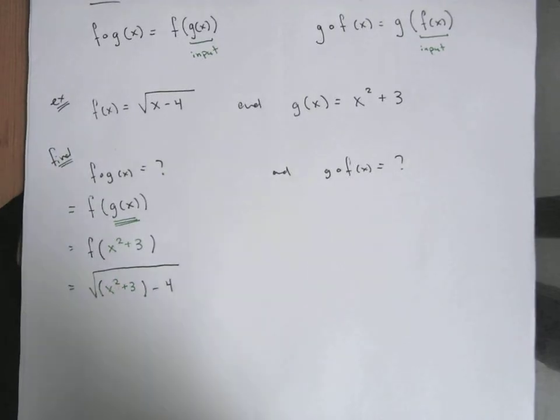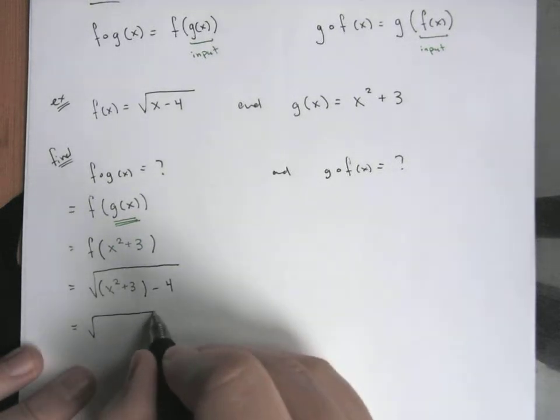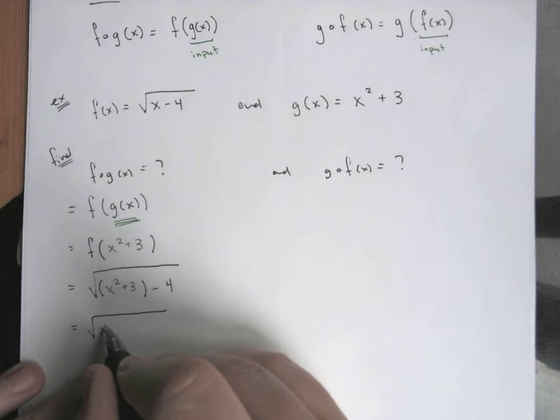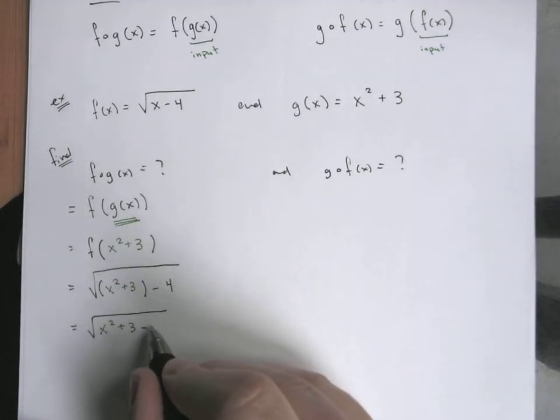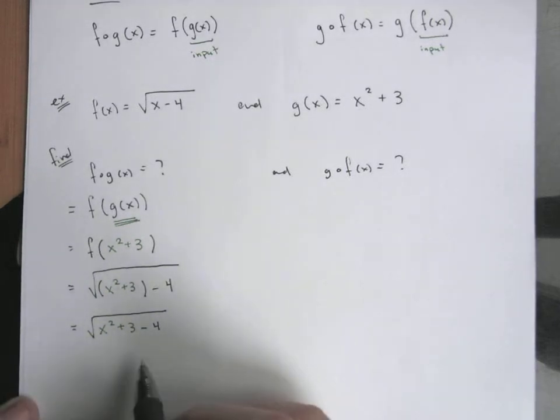Once we have that laid out, it's a matter of asking, can we simplify this? Can we clean it up? This is just x squared plus 3 and then a minus 4 tagged on the end. There's not a whole lot to do here. Plus 3 and minus 4 is just going to leave us with a minus 1.